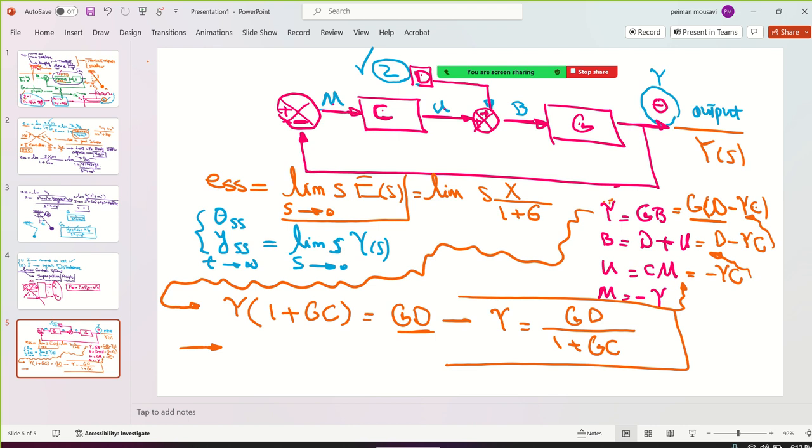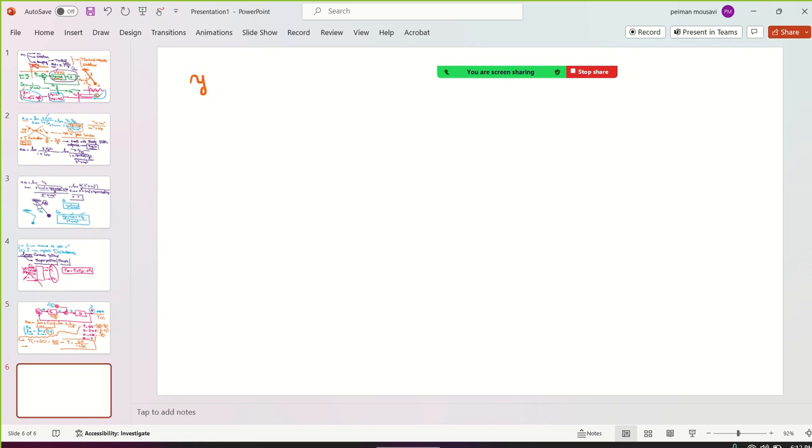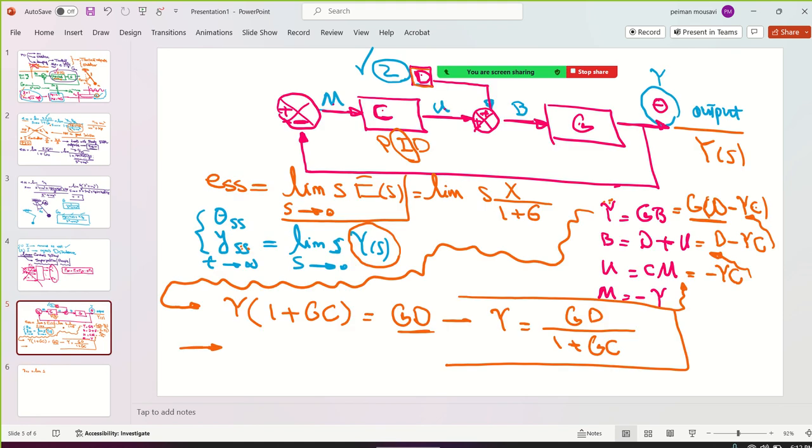So I'm gonna just exactly put this here. For the input of disturbance, by having PID controller, we added I. I want to see how much is the steady state of the YSS. Can I do that? Yes, I can. So YSS gonna be a limit of S, Y, G plant 1 over S square plus omega n square.